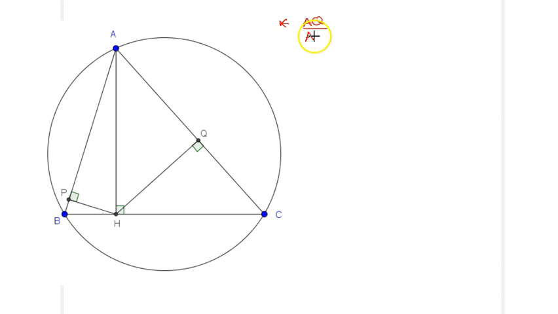So now let's have a look at the inverse. AQ over AB is simply equal to AQ over AH times AH over AB.